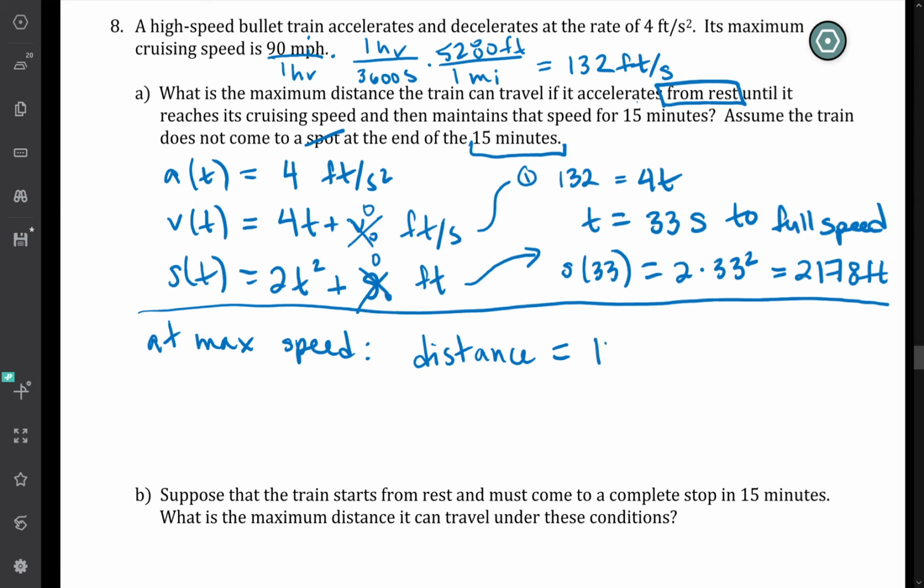So our rate is 132 feet per second. And then we want to be a little careful here. This is 15 minutes, so we need to multiply that by 60. And we end up with 132 times 15 times 60.